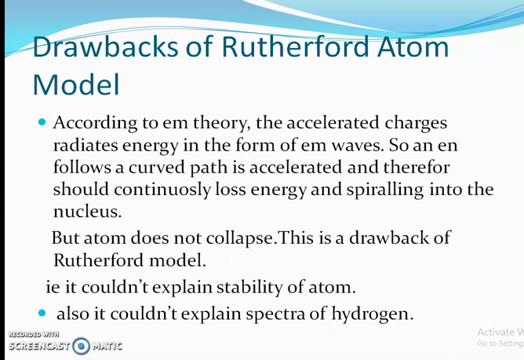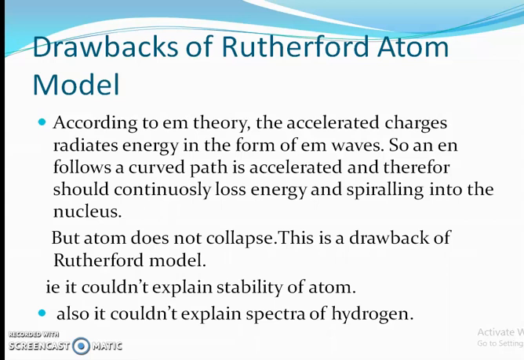Here our electron is revolving, that means it is accelerating. So such an electron must radiate energy as per the electromagnetic theory. So it should lose its energy and finally spiral into the nucleus as per the theory. But actually it is not happening.